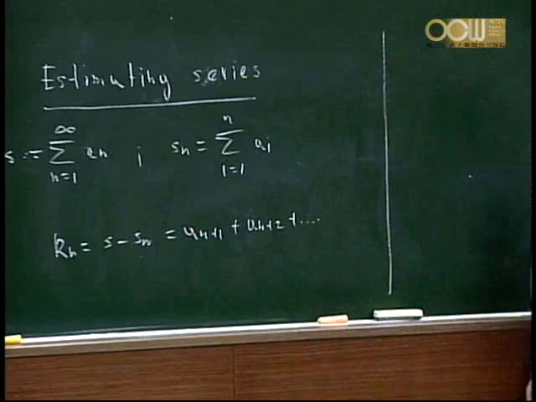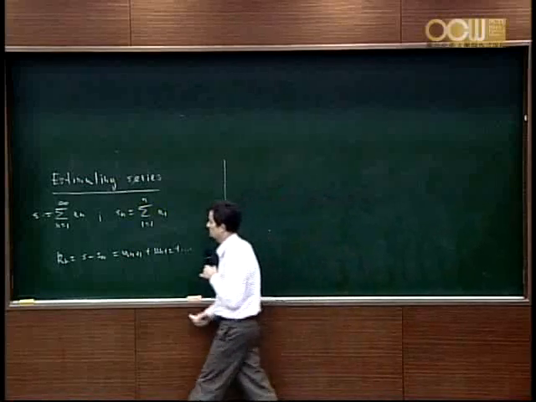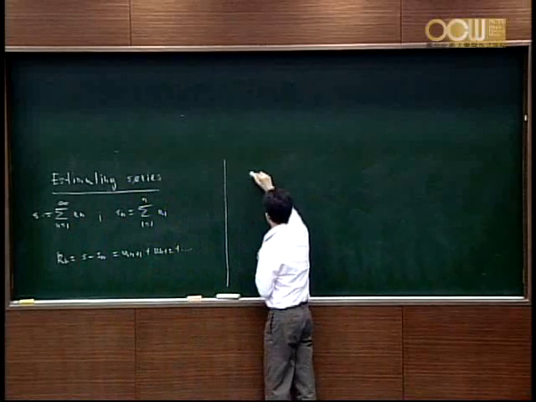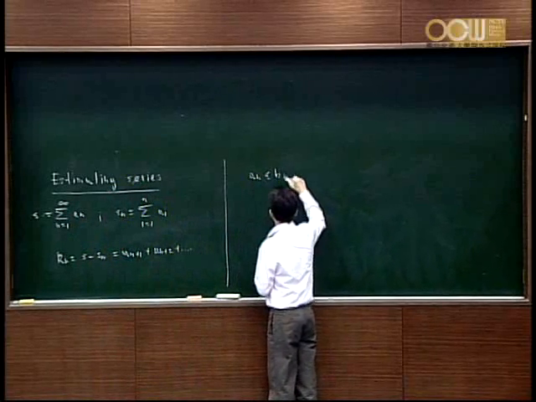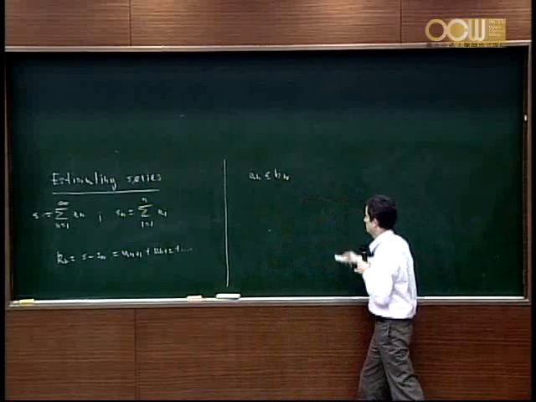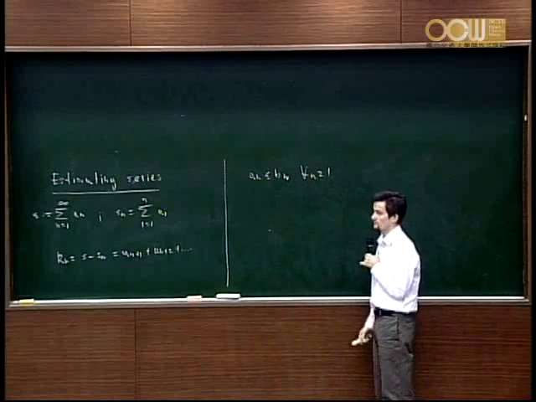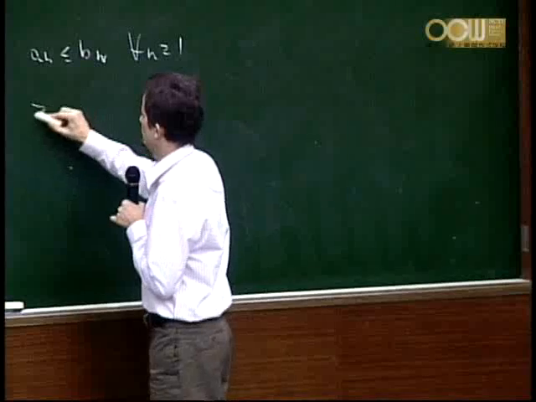Now, if we have used the comparison test, then normally we have compared the given series with another one. So we normally have found something like this here, let's say for convenience, for all n larger or equal than 1. So we have also a second series, namely this one.